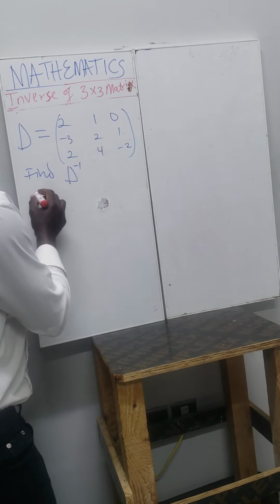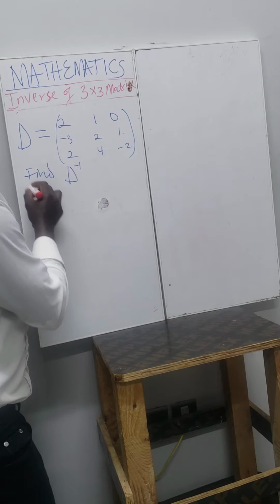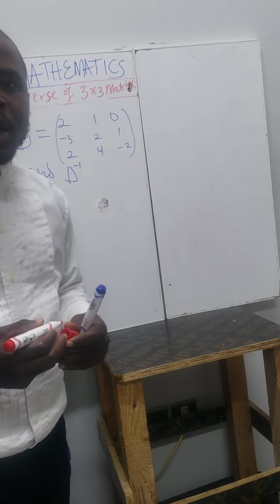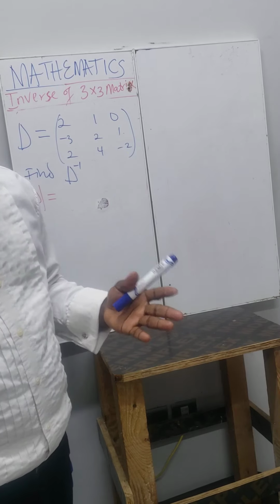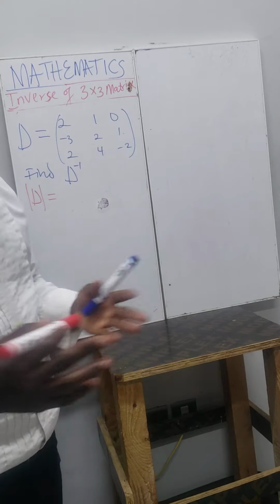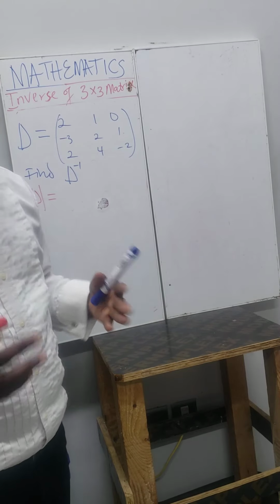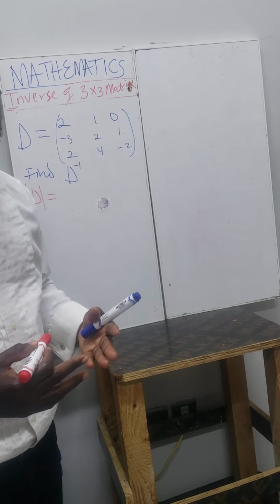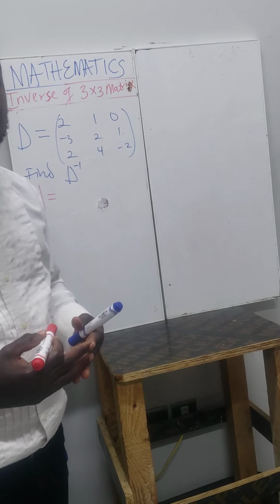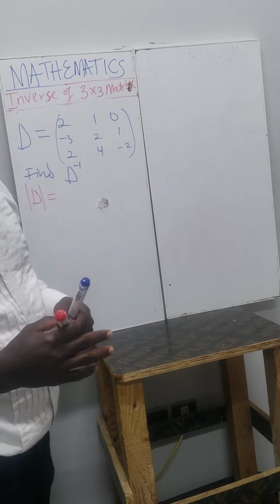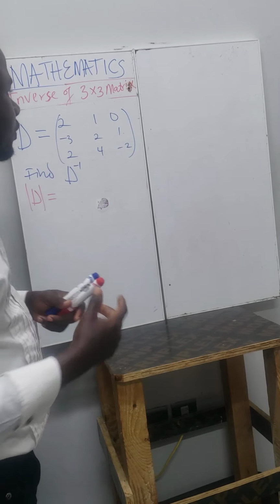Before now, we have demonstrated in our previous lessons how to find the determinant of a particular matrix, whether 2 by 2 or 3 by 3. We have used both the cofactor method and Sarrus method to find the determinant of any matrix. Now, we don't have a problem with finding the determinant of a matrix.